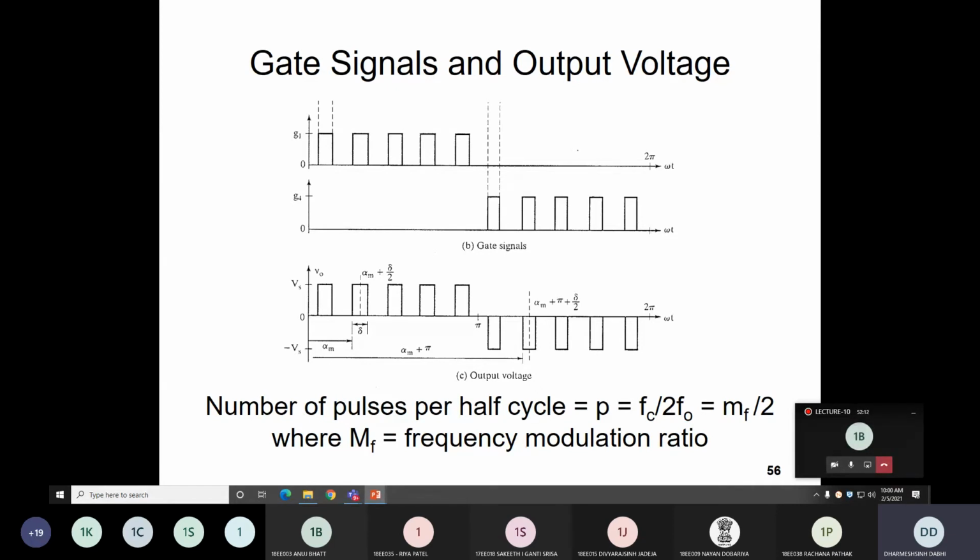So when you do the Fourier analysis of this output voltage, you get the third, fifth, and seventh lower order harmonics with less magnitude as compared to the single pulse width modulation technique or a normal inverter like a square inverter. As we see in the example as well as the simulation, the third order harmonic magnitude is 33%.